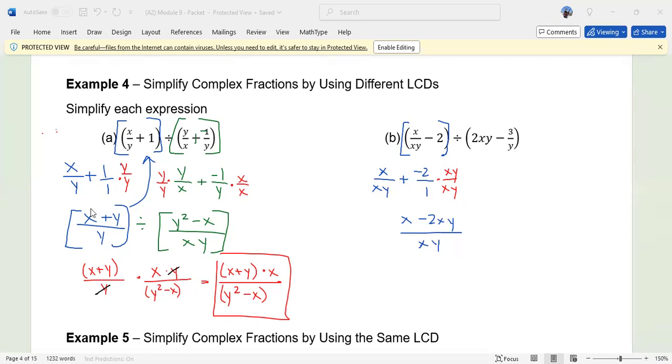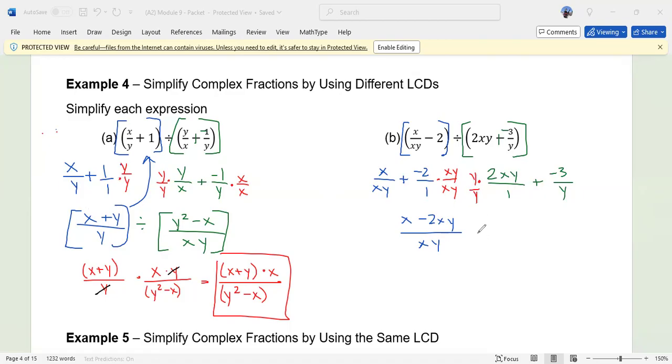Now let's go ahead and focus on our right one. Again, let's change that minus to be a negative. So I'll have 2xy, this is essentially over 1 plus negative 3 over y. I'm going to go ahead and multiply this 2xy by y over y, so the denominators are now the same thing.